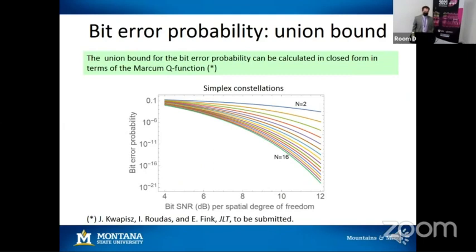Right. How is this different from union bound on a multidimensional Gaussian channel? So basically, when you square Gaussian noise, we assumed we have Gaussian noise from the amplifiers, you get non-central chi-square distributions if you have the signal as well.